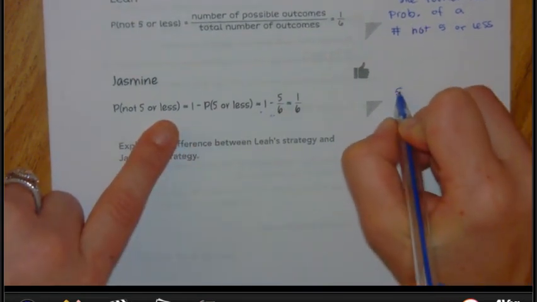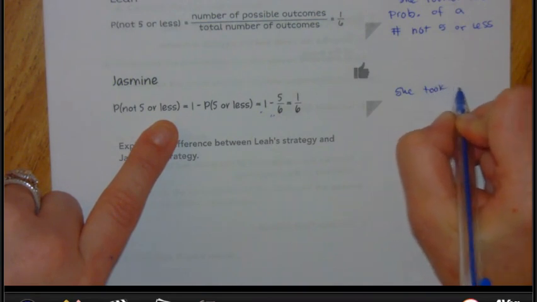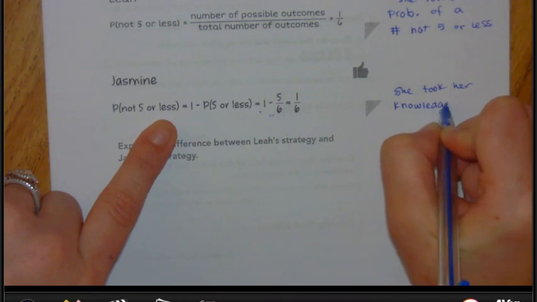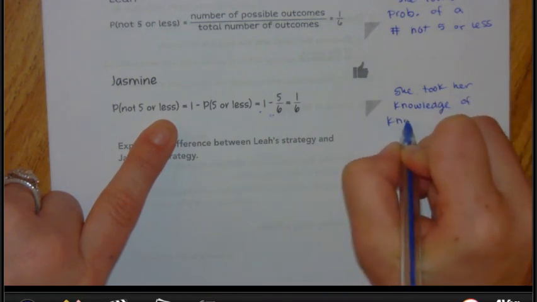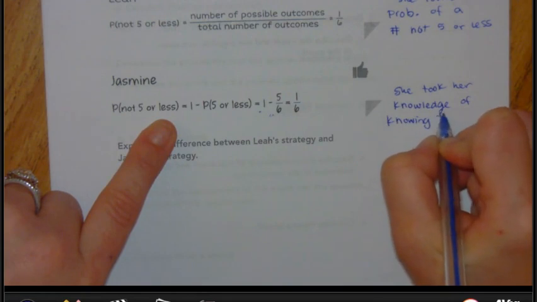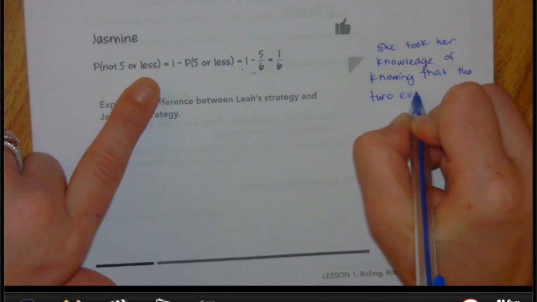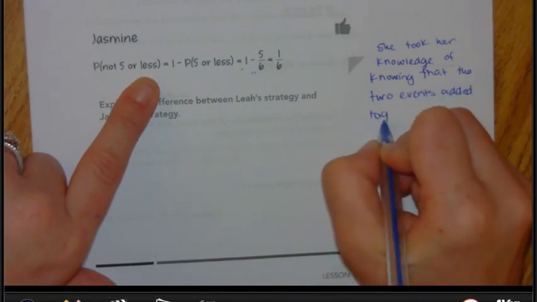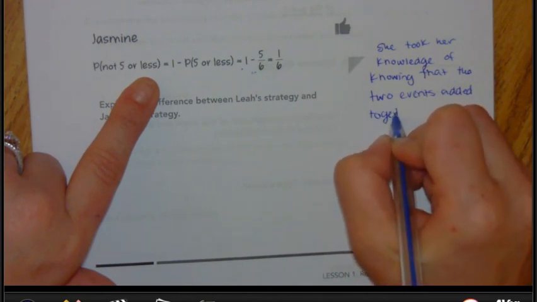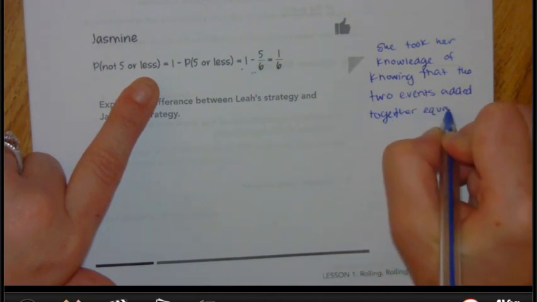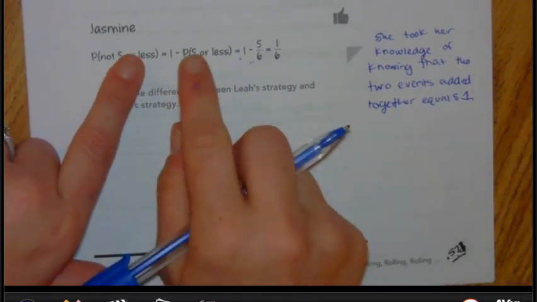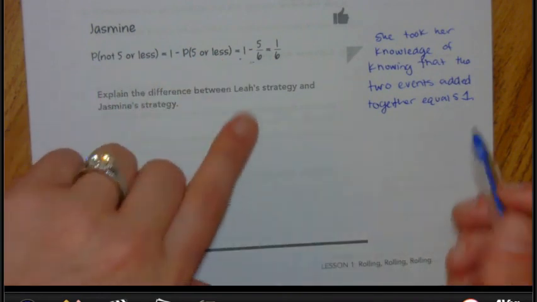What Jasmine did is she took her knowledge of knowing that the two events added together equals 1.